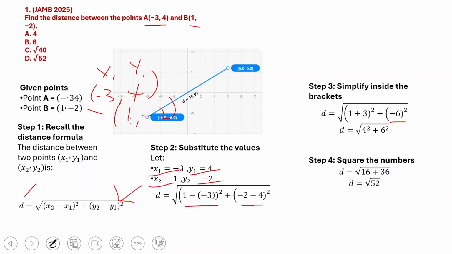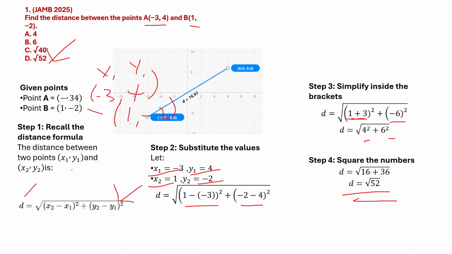By the time you resolve this, 1 plus 3 is 4, and 4 squared plus 6 squared will give us 16 plus 36. So d is equal to root 52. So root 52 is option D, the answer.